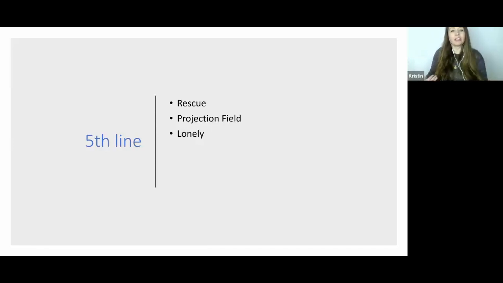As soon as the fifth line rescues you, you're like, wow, the projection field is great and amazing and it loves it. But then if your problems don't get solved, eventually you start blaming the fifth line. And the reason for that is that the fifth line is like a walking mirror almost.